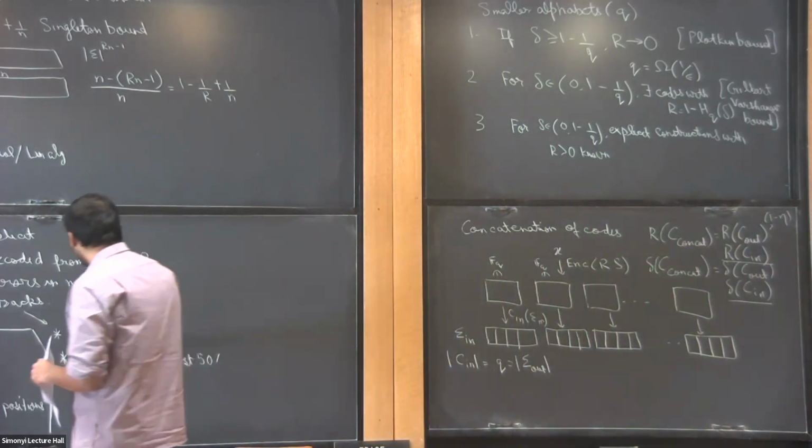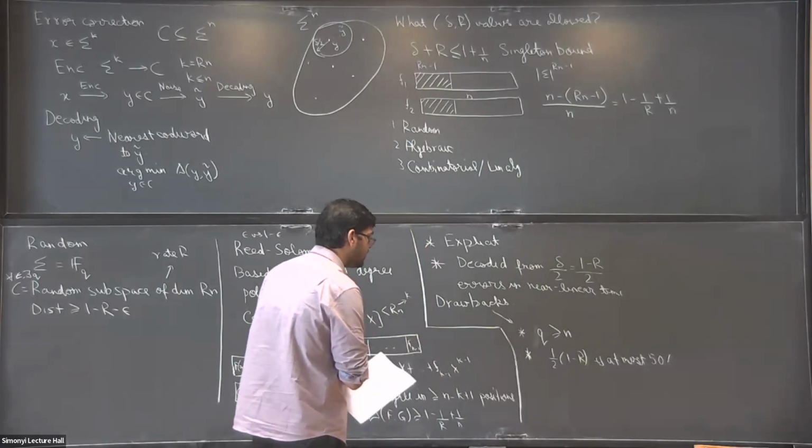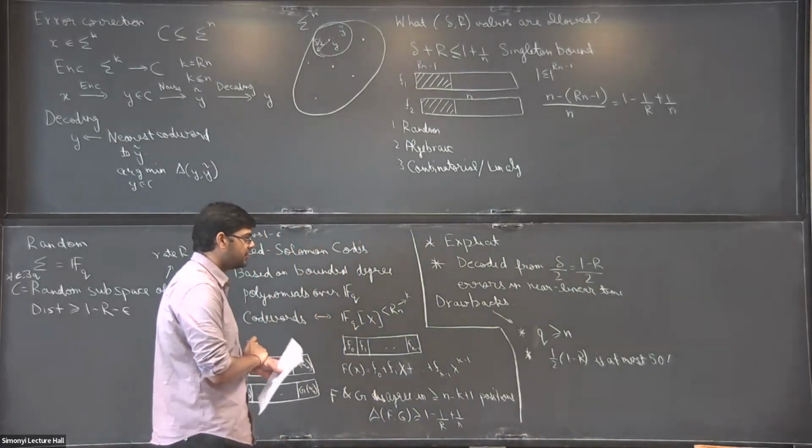So this was about smaller alphabet. Let's also discuss something about this error correction radius being at most 50%.